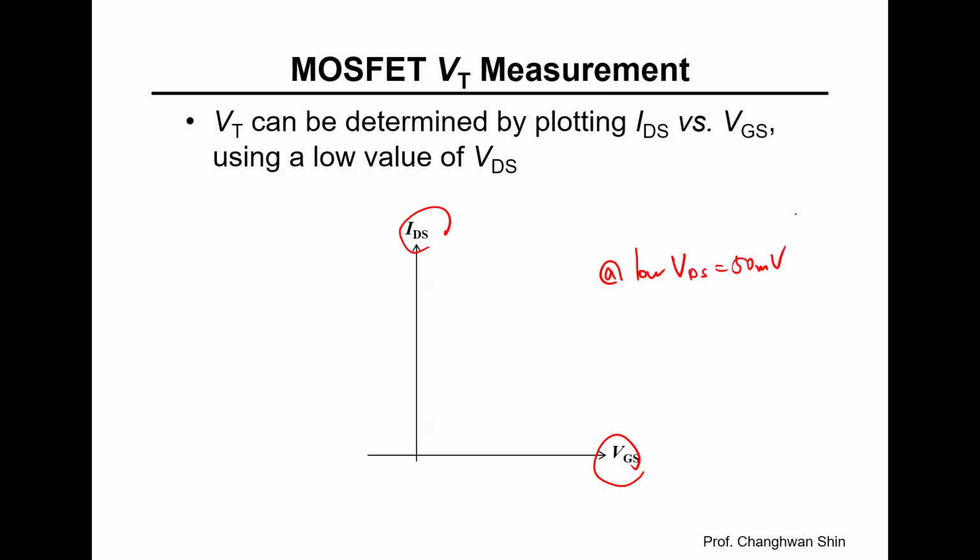So in this approach, we operate the transistor in the linear region at low VDS. By extrapolating the linear portion of this curve to the x-axis, where IDS is 0, we can determine the threshold voltage.